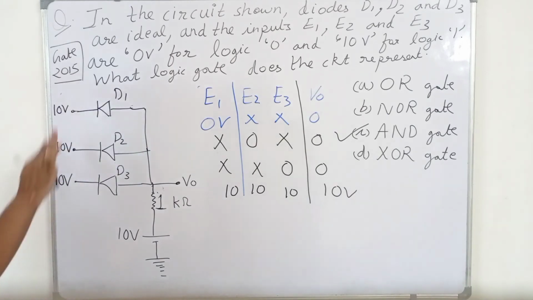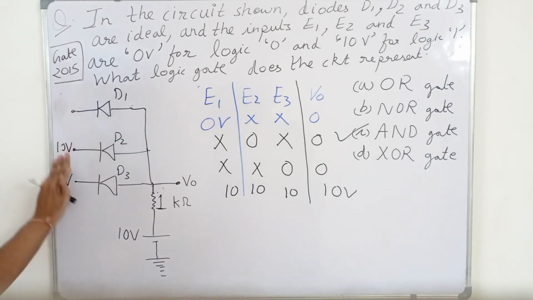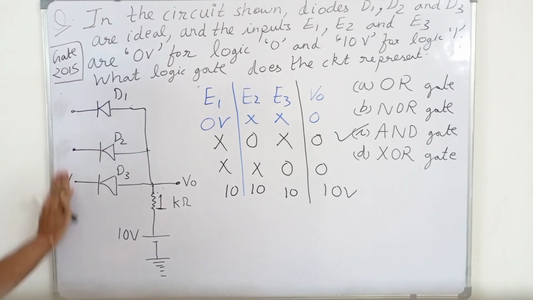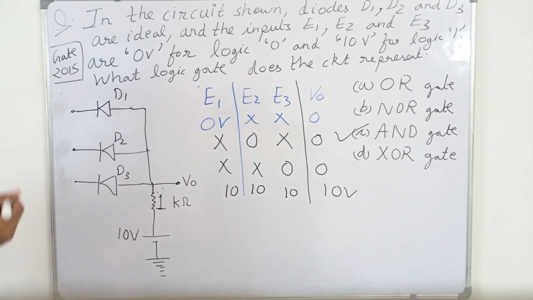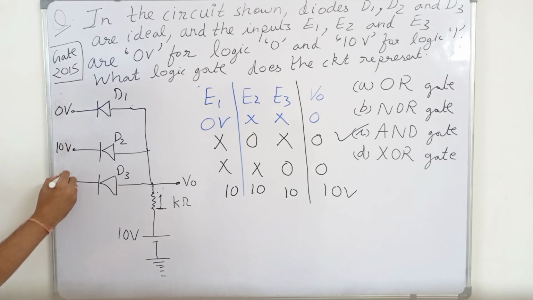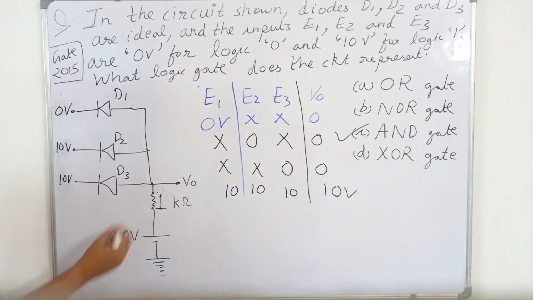And if you have to find the voltage across this resistor, let's take the first case, when E1 is equal to 0 volt, and the others are equal to 10 volt. So this diode is forward biased, and V0 is equal to 0 volt.